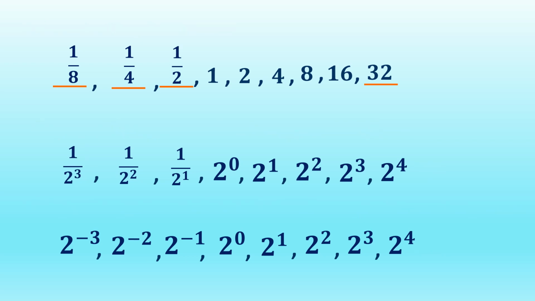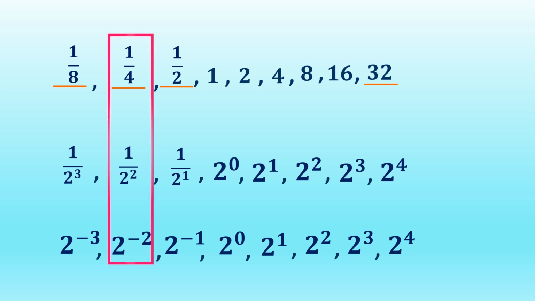Looking at these sequences, let us take these numbers that are in the box. So 1/4 is the same as 1 over 2 squared, and 1 over 2 squared is the same as 2 raised to the negative 2.